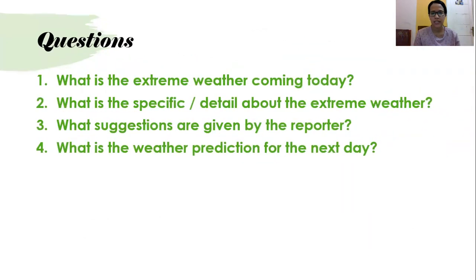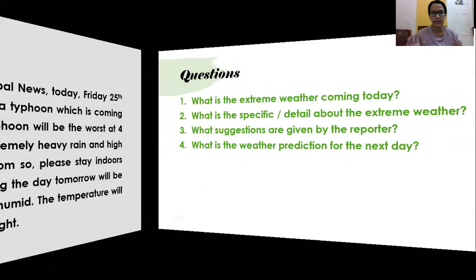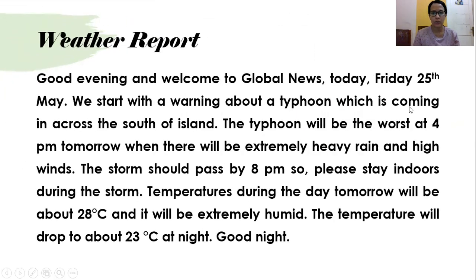What is the specific detail about the extreme weather? It will be the worst at 4 p.m. tomorrow, right? This is the detail. And there will also be extremely heavy rain and high winds. What is the suggestion? The suggestion is to stay indoors during the storm. And what is the weather prediction for tomorrow?